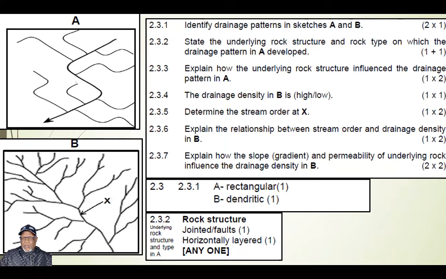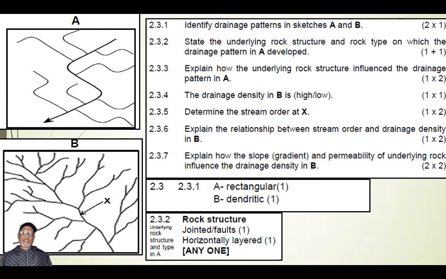2.3.4 Drainage density in B is low or high. Drainage density in B is higher than the drainage density in A. Explain the relationship between the stream order and drainage density. The relationship is that when the drainage density is higher, the stream order will always be higher as well.